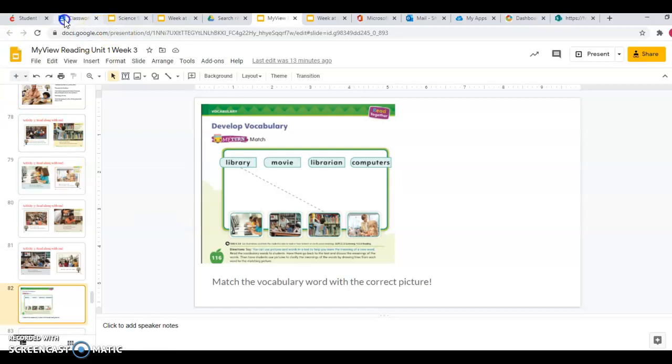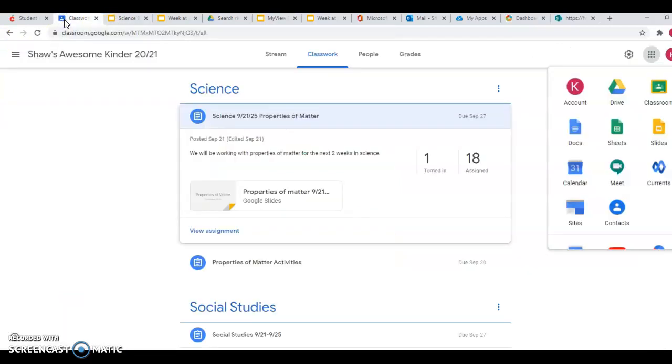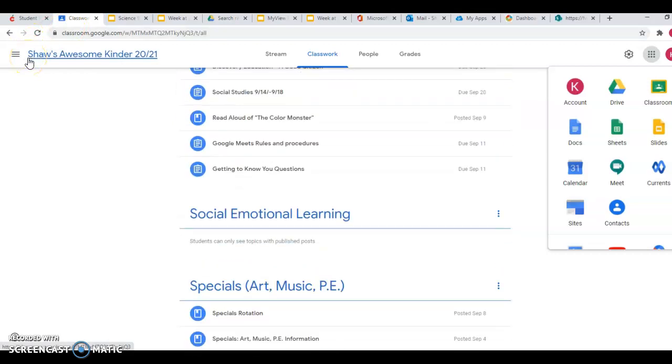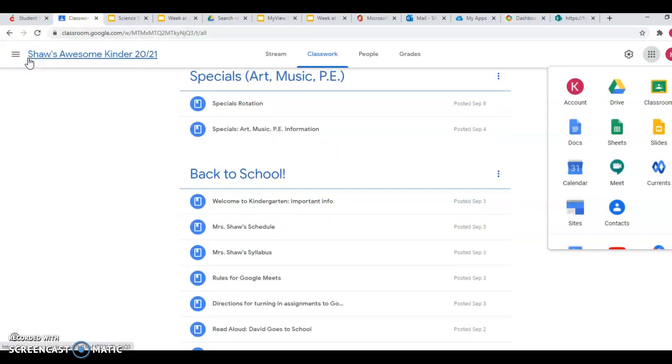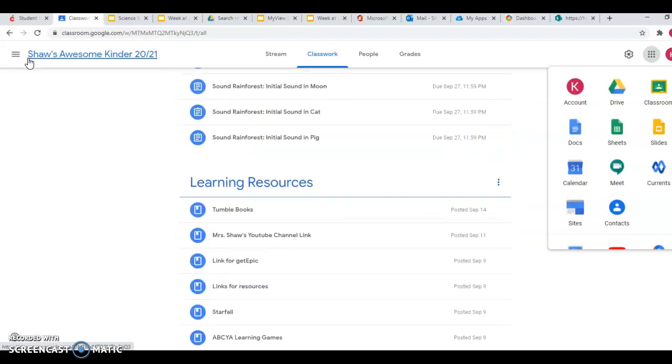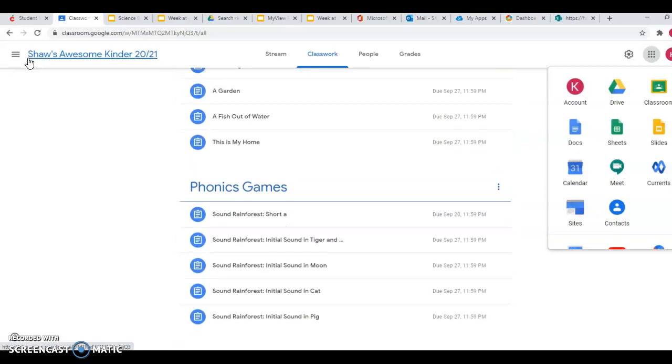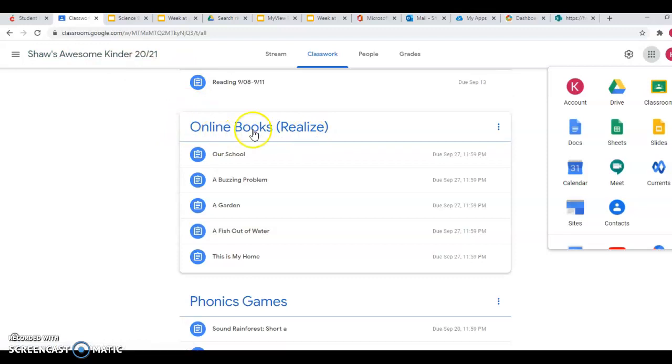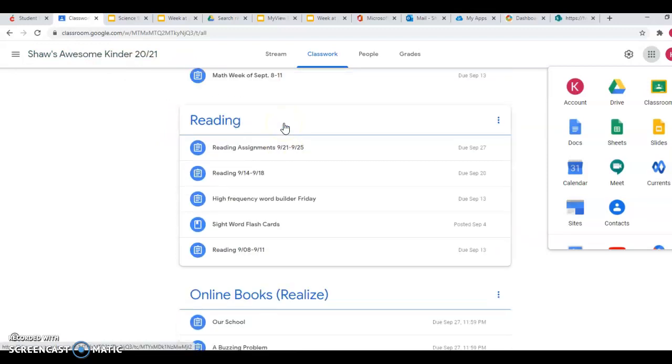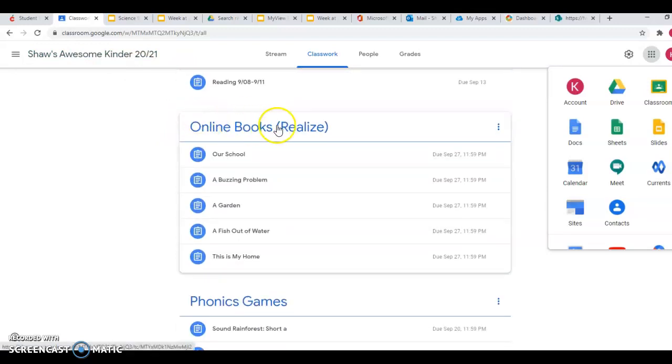And I'm also going to show you where you can go if you would like to read some extra books. It's right here under classwork, right under the reading, online books.